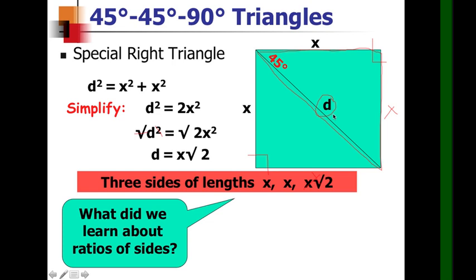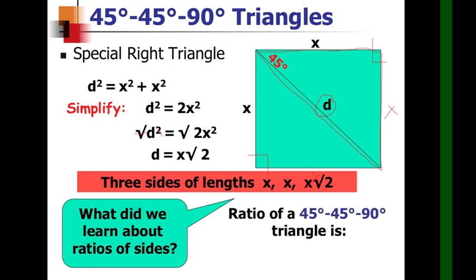What did we learn about ratios of sides? The ratio of a 45, 45, 90 triangle is 1 is to 1 is to the square root of 2. So let's say x is equal to 1, therefore we have 1, 1, and then our answer is 1 square root of 2, or just simply square root of 2. This is the ratio of 45, 45, 90 degrees.